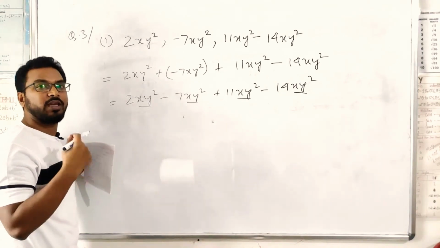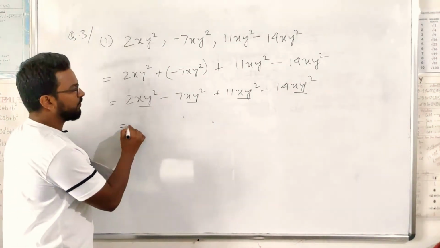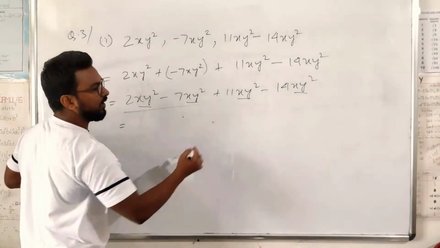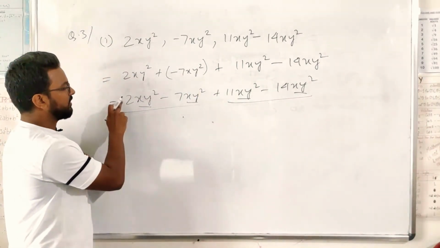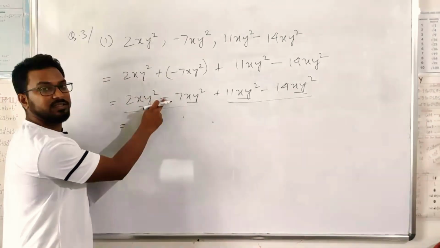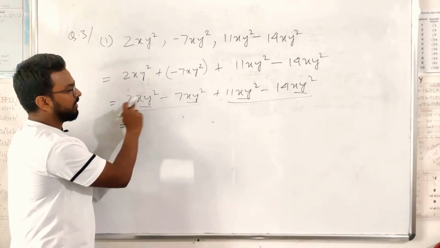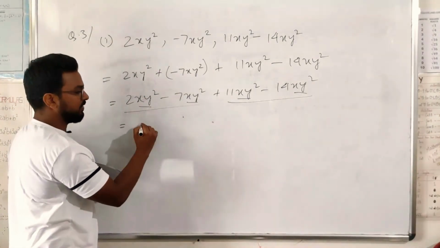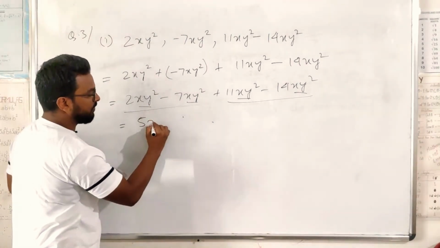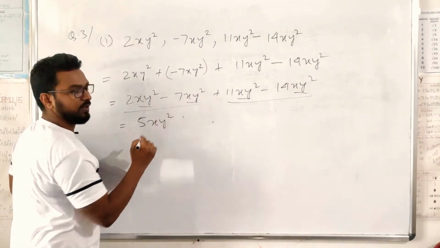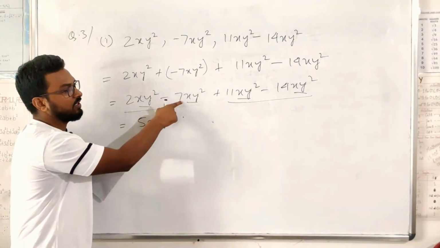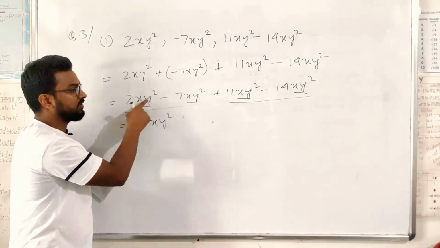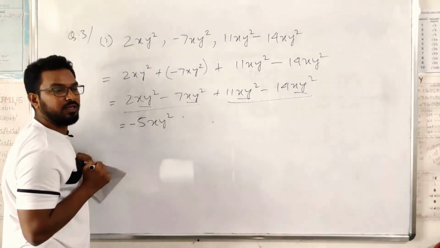Now we can add or subtract. First we'll compare the first 2 and then the last 2 to make it easier. This is plus, then this is minus. Plus minus minus. 7 minus 2 is 5. We'll write 5, and the variable is y square. What will be the sign here? It will be minus because this number is greater than this. So it will be minus.